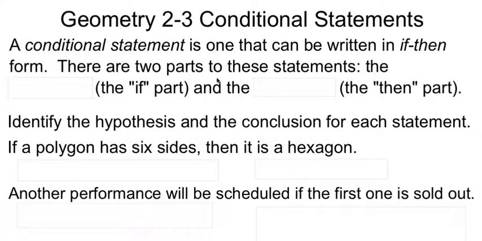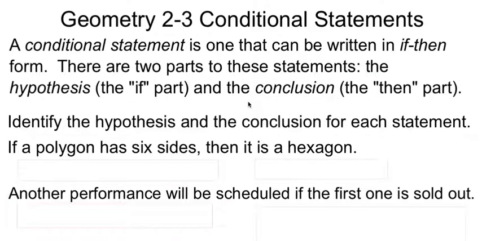The two parts of a conditional statement are called the hypothesis and the conclusion. The if part is the hypothesis, the then part is the conclusion. So one of the things you're going to be asked to do here is to identify the hypothesis and the conclusion for each statement that they give us.